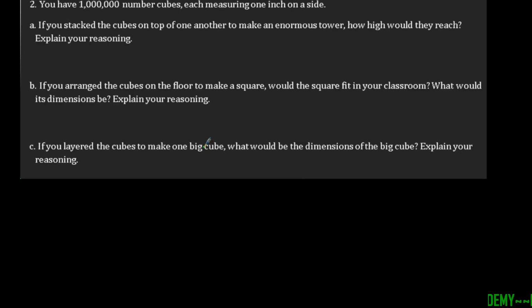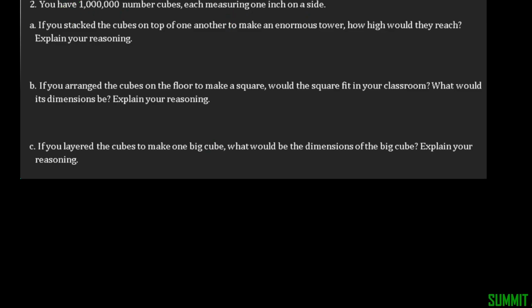All right, moving to the back now, it says you have 1 million number cubes, each measuring 1 inch on a side. For part A, it says you stack the cubes on top of one another to make an enormous tower. How high would that tower reach? Let's try this one out.